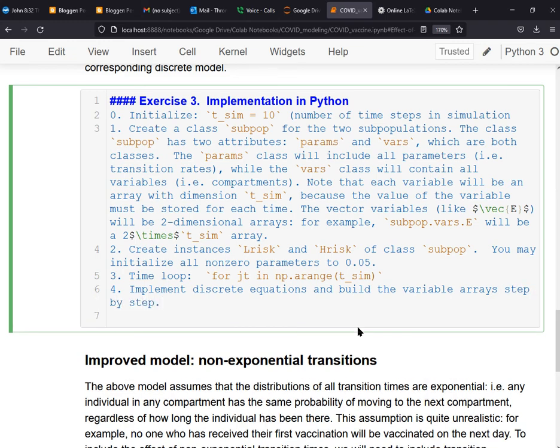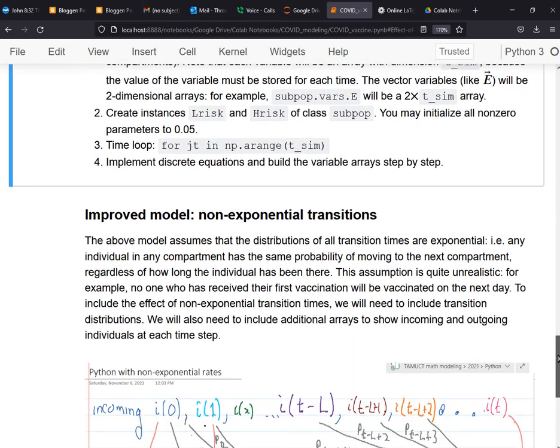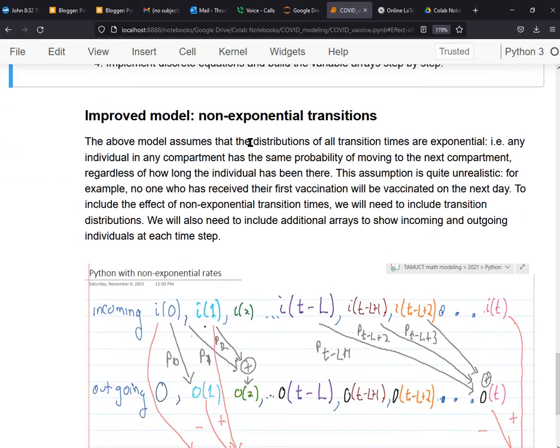Now, let me give an indication where we're going after this. This will be enough for this week, I think. But the assumptions that we've used so far are not realistic. Why is that? The model assumes the distribution of all transition times are exponential. In other words, any individual in any compartment has the same probability of moving to the next compartment, regardless of how long the individual has been there.